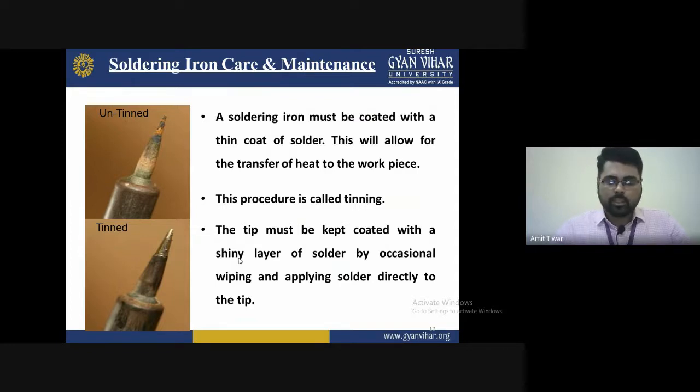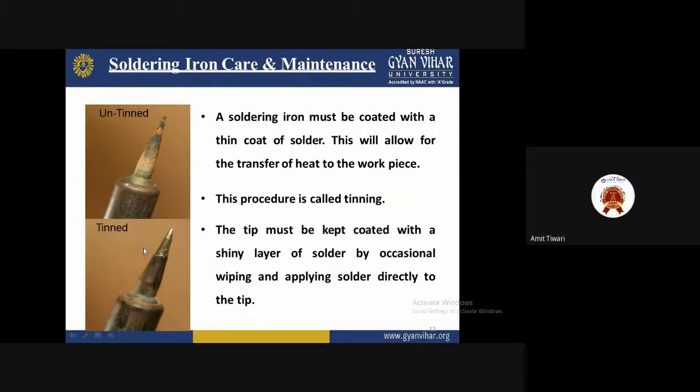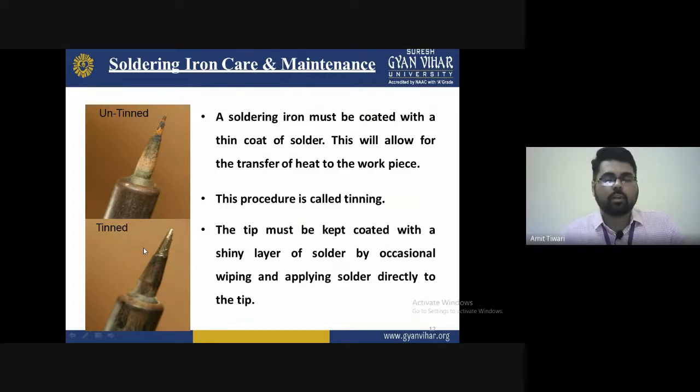So you can see in this diagram this section. A soldering iron must be coated with a thin coat of solder. This will allow for transfer of heat to the workpiece. And this procedure is known as tinning.